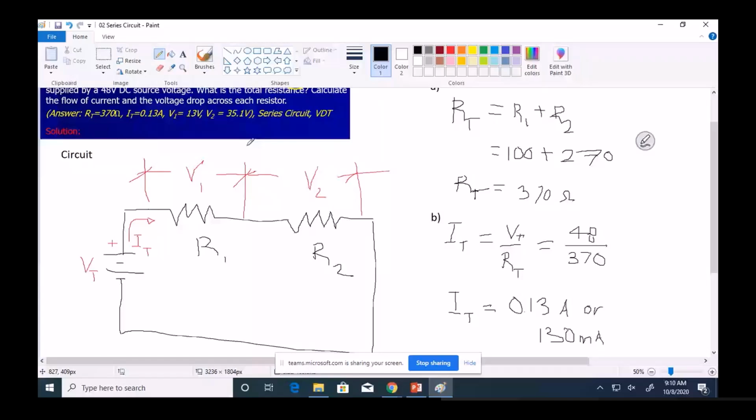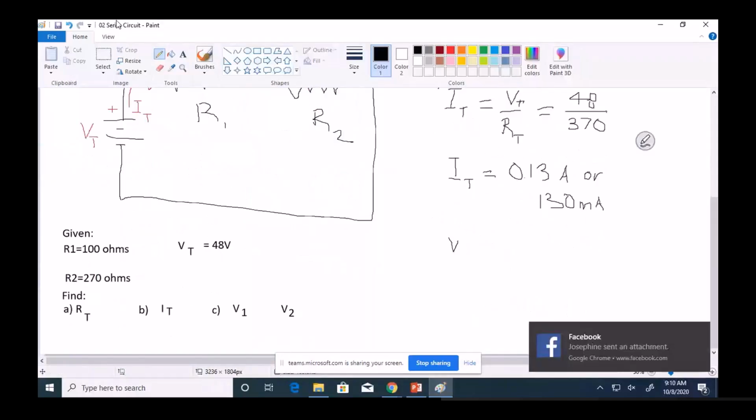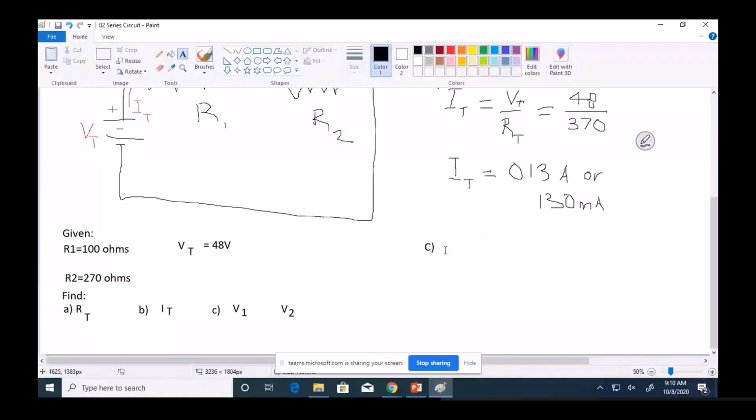From the question, we got the same answer here. The next question was the voltage drop. We need to know the V1. So this is now C. ABC done. AB done. C. So calculating for the V1. Since this is an individual calculation, you think of Ohm's law: I times R. If this is V1, it will be R1.